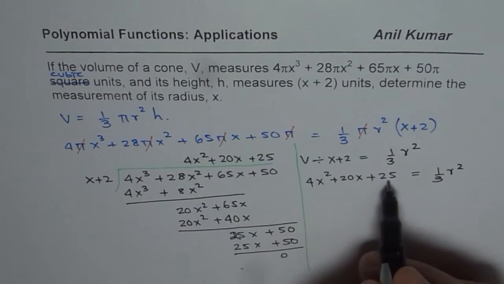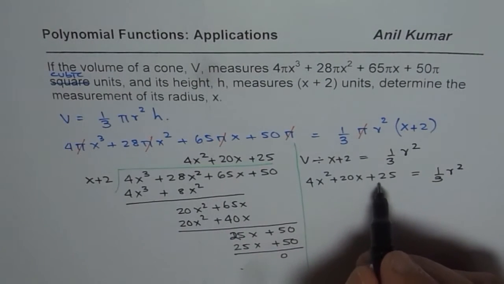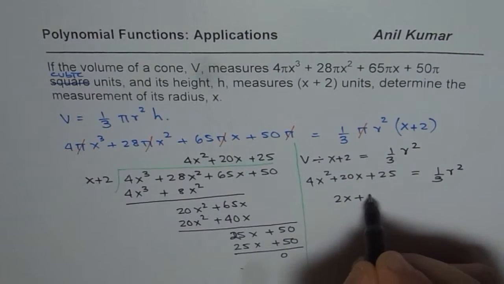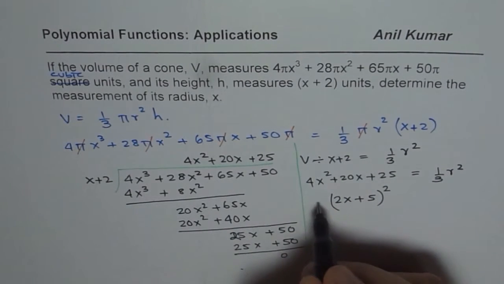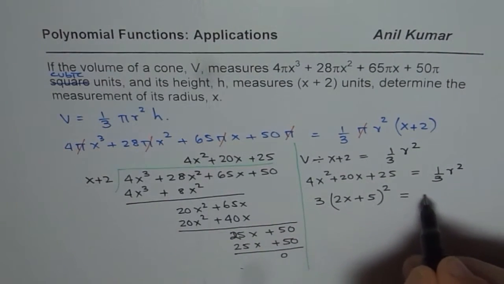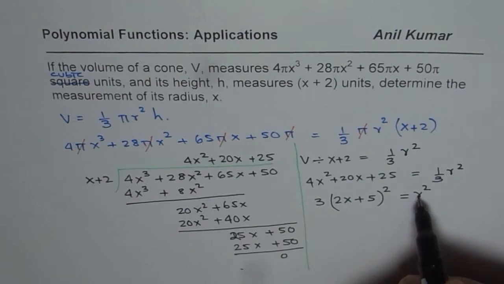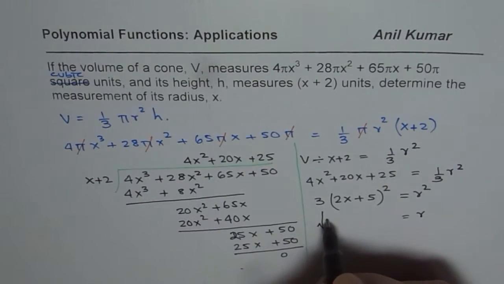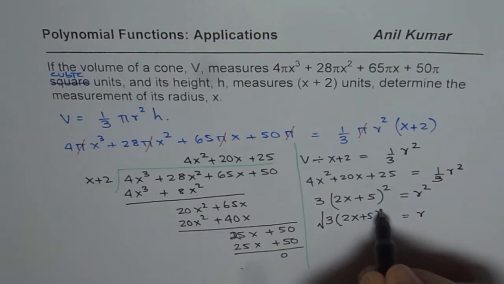Now this is a perfect square. You can factor this. You can write this as 2x plus 5 whole square. We can multiply that by 3, and that equals r square. Just rearranging the formula. Now if you square root, then you get the value of r. So r is equal to the square root of 3 times 2x plus 5 whole square.